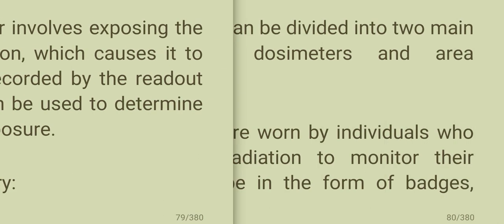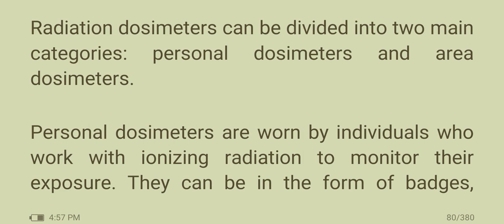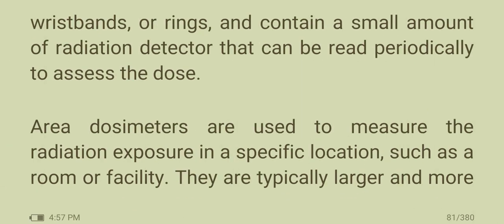Parts of radiation dosimetry. Radiation dosimeters can be divided into two main categories: personal dosimeters and area dosimeters. Personal dosimeters are worn by individuals who work with ionizing radiation to monitor their exposure. They can be in the form of badges, wristwatches, wristbands or rings, and contain a small radiation detector that can be read periodically to assess the dose.